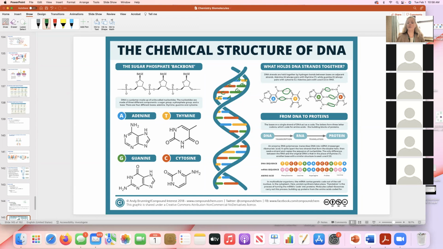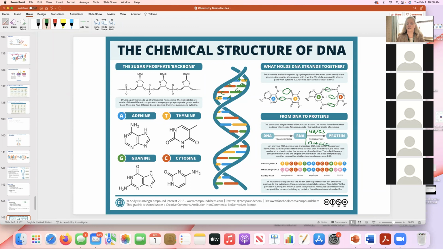And when we read it, we transcribe this length of DNA from DNA to RNA. That's transcription. And then our RNA is what leaves the nucleus, right? For translation.